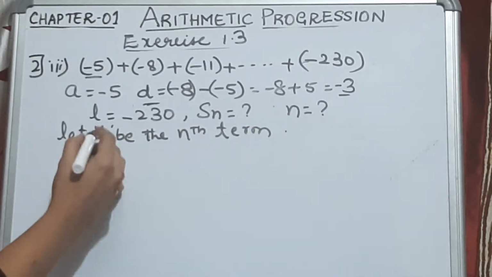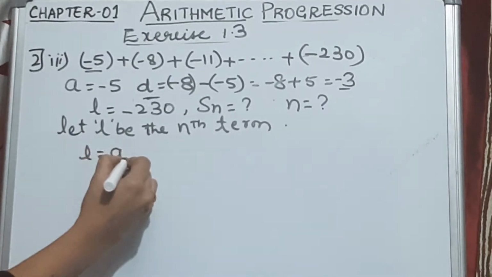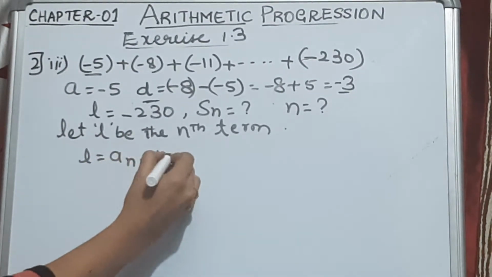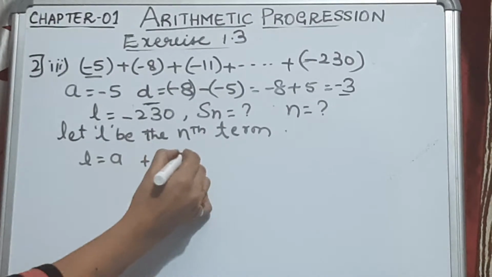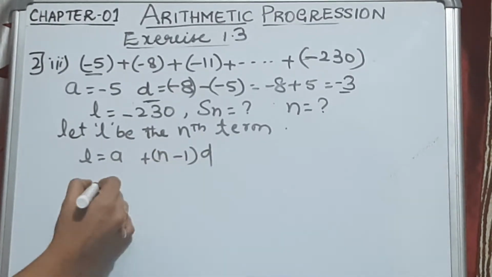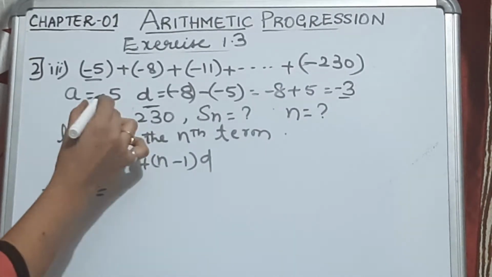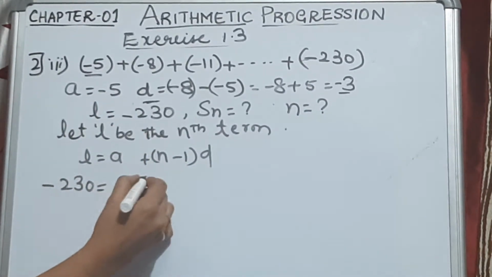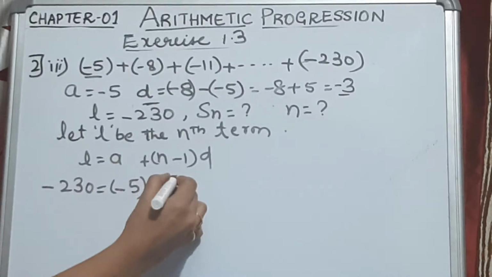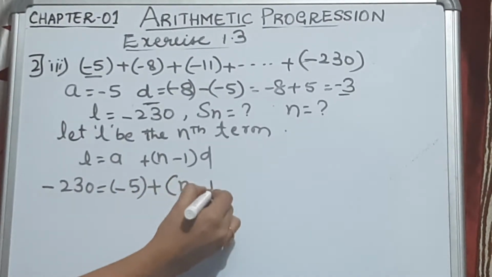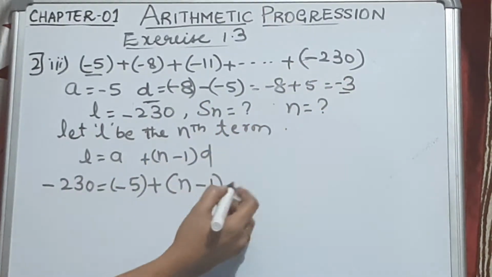L is equal to A plus (n minus 1) into D. L is given as minus 230, A is minus 5, n we don't know, and D is minus 3.